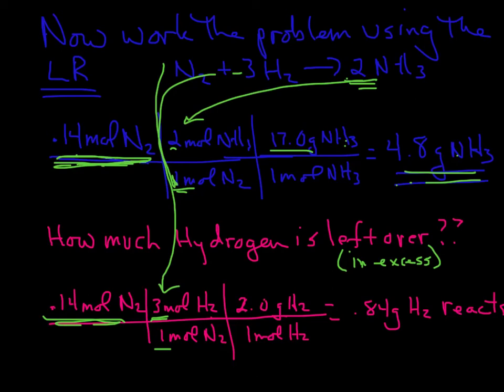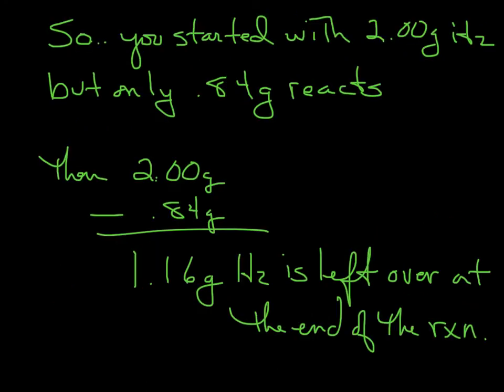So 0.14 times 3 times 2.0 is going to give me 0.84 grams of hydrogen reacts. If I started with 2.0 grams of hydrogen, but only 0.84 grams reacts, then 2.00 minus 0.84 is going to give me 1.16 grams of hydrogen left over at the end of the reaction.